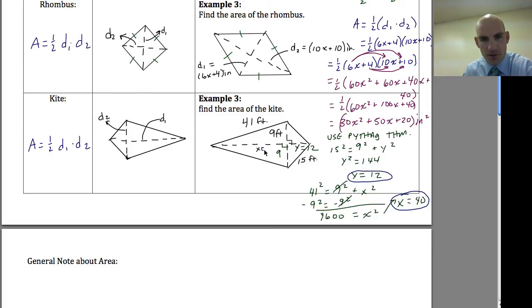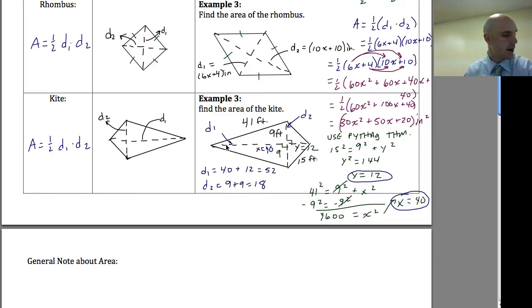So if x equals 40, that means that D1, which is this big diagonal here, is 40 plus 12, so that's 52. D2 equals, and that's this one here, so we'll just label them. This is D1. So D2 is 9 plus 9.